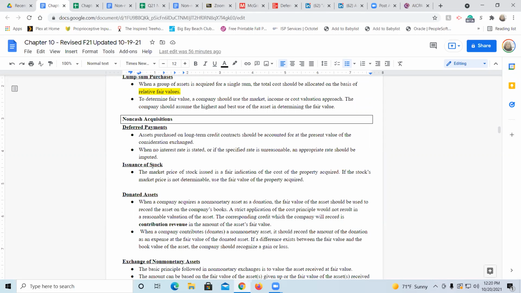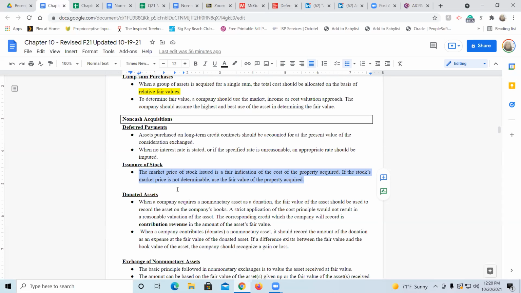The second one is issuance of stock. I think you would have seen this some time back, maybe in accounting two, but this is pretty easy to follow. We're basically saying that we're acquiring a property or some other asset, and in exchange, we are issuing stock instead of paying cash.